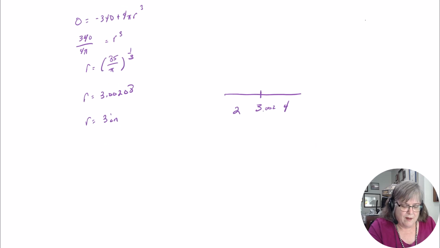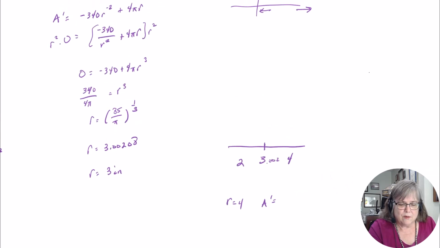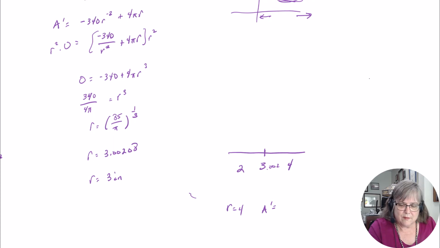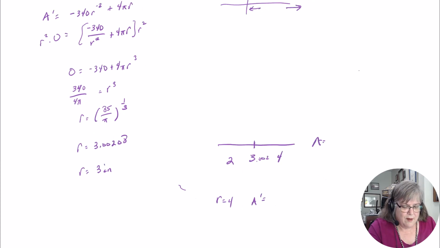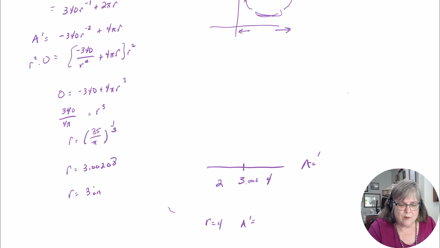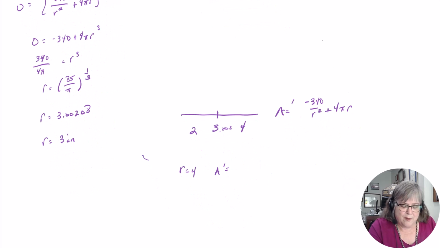If r is 2, then the derivative, a prime, is equal to minus 340 over r squared plus 4 pi r. Before I multiply both sides, this part right here, then a prime turns out to be negative 59.86.